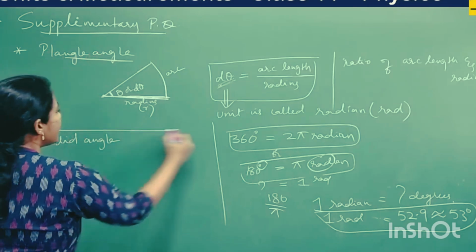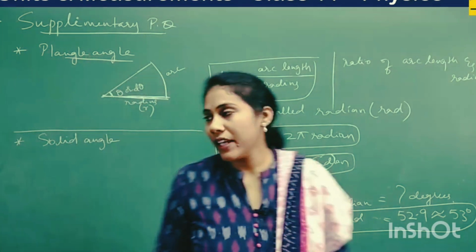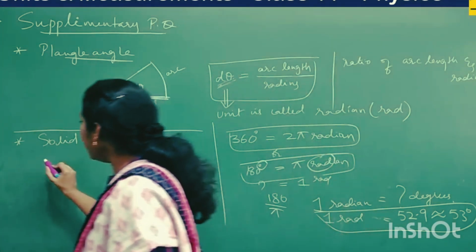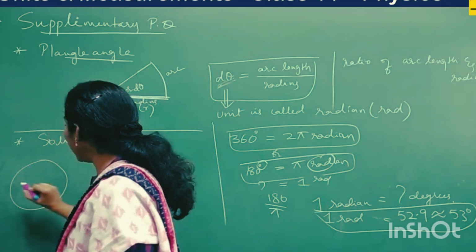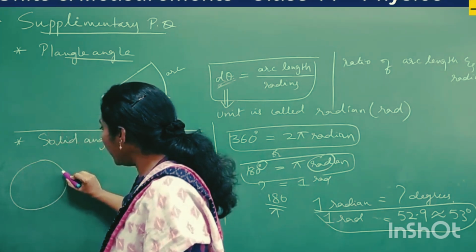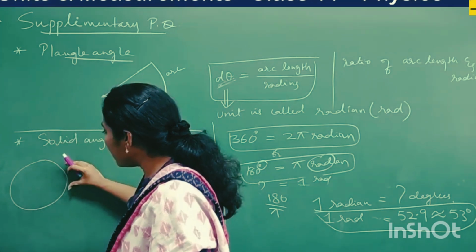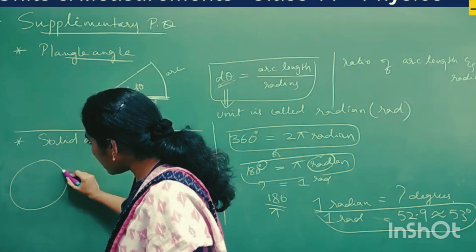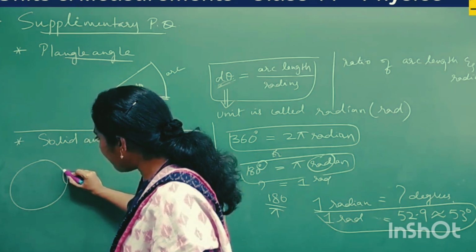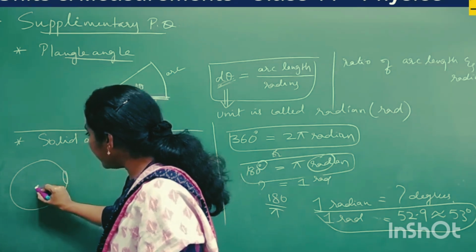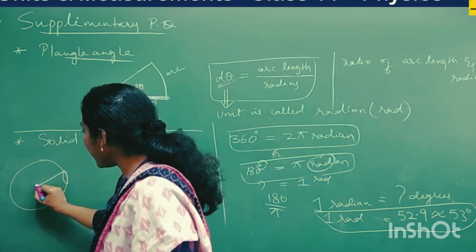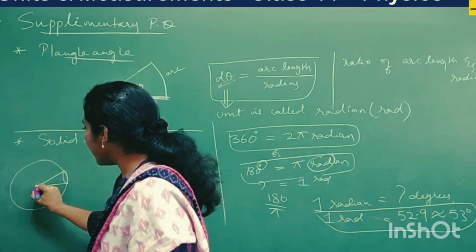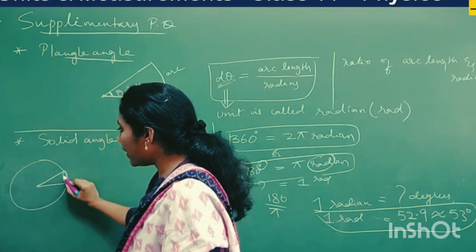Now let us go for discussing solid angle. See here, imagine you have a sphere. Let me just cut this part. This is the part, and this is the center, right? And I will extend this here, and it becomes a cone.